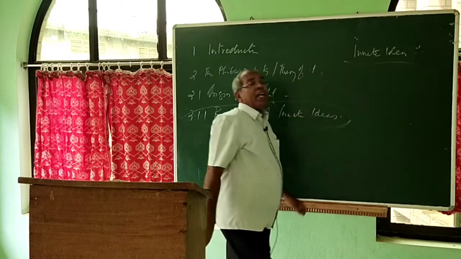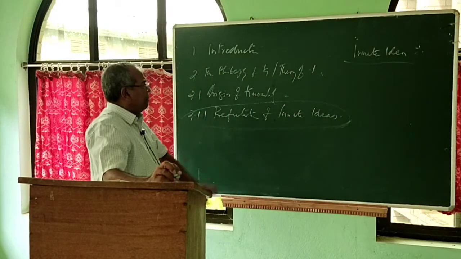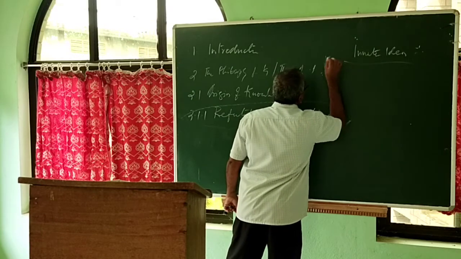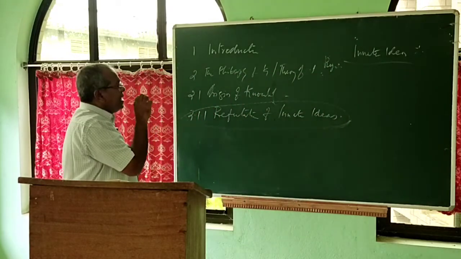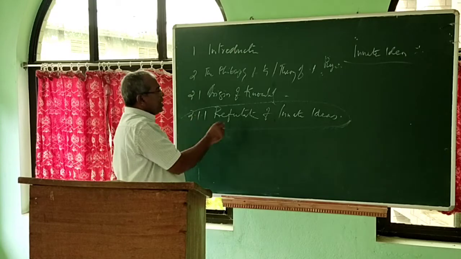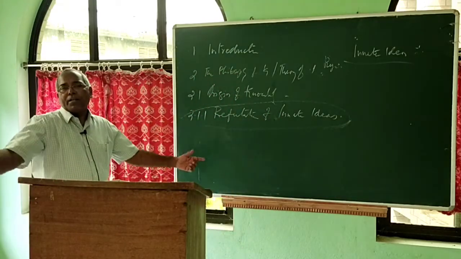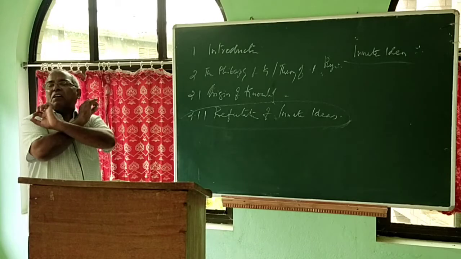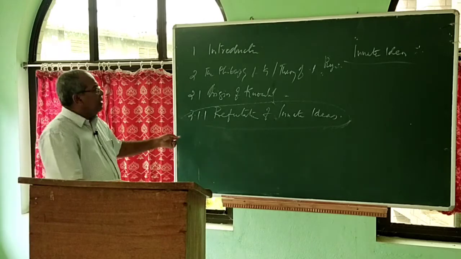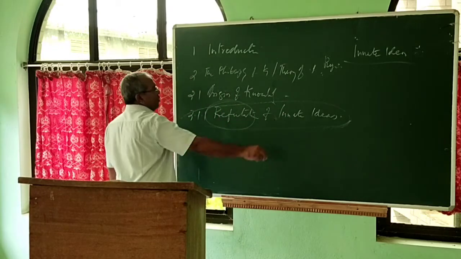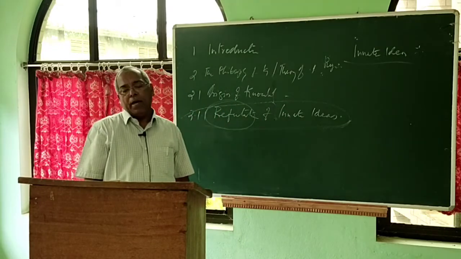That is being refuted, meaning being rejected. So, empiricist philosophers reject the theory of innate ideas proposed by rationalist philosophers. Things are amply clear. Refutation means rejection of innate ideas.